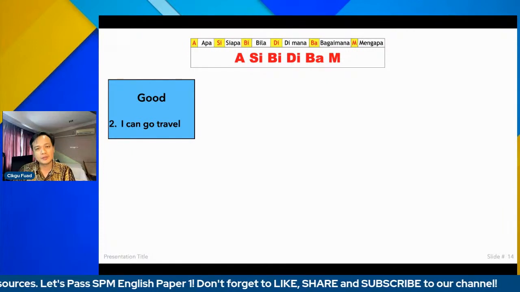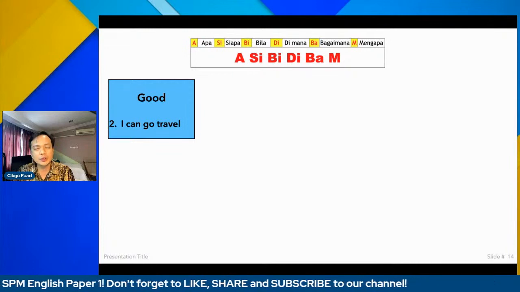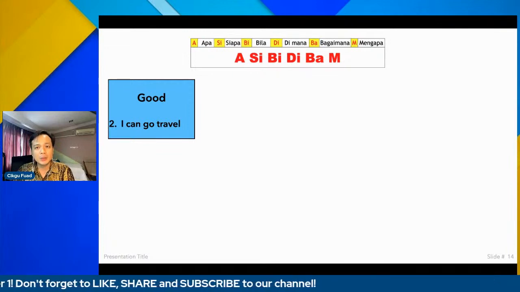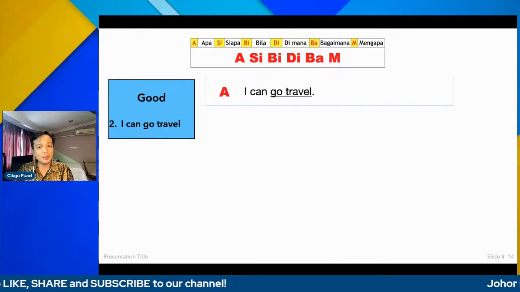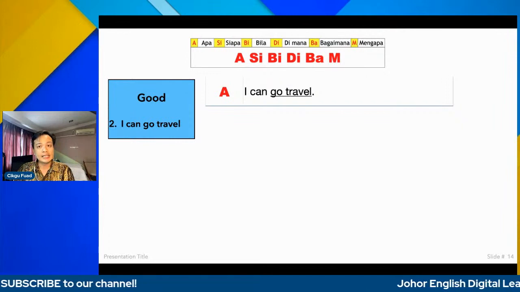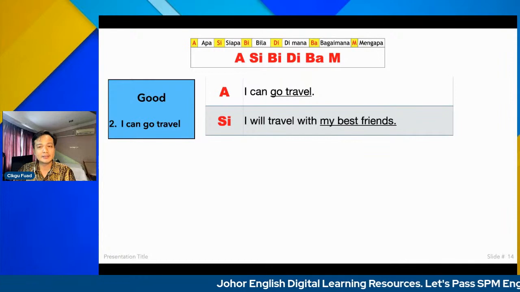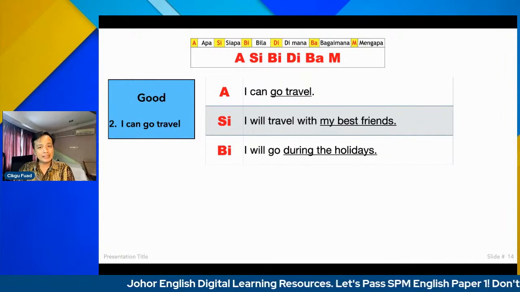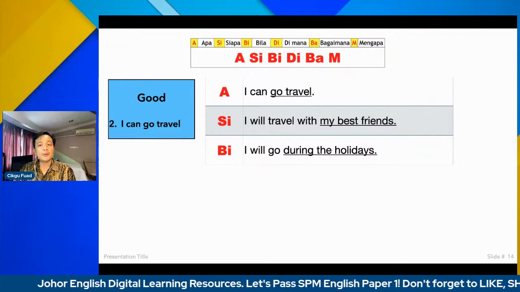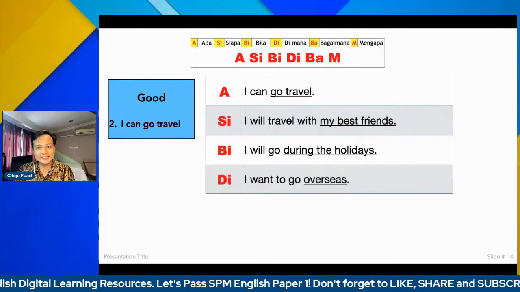So ask yourself, what is good if I have the money? I can go travel. Who? I will travel with my best friends. When? I will go during the holidays.